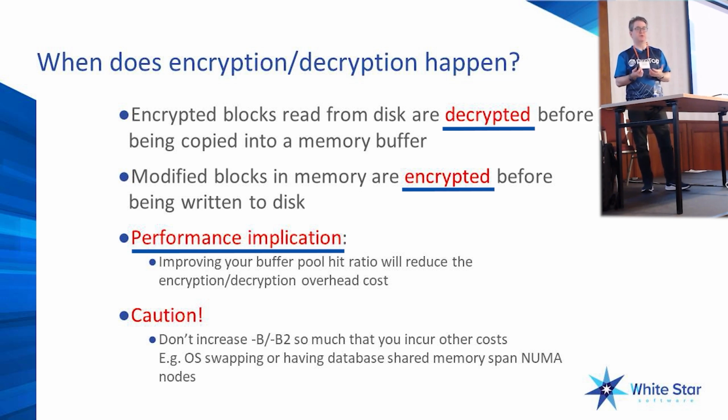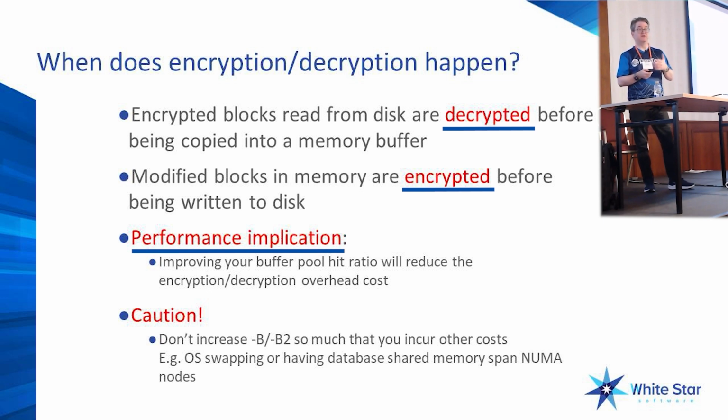Your buffer pool needs to be tuned well, because the performance of your caching will determine how often you're going to pay that extra computational price of doing encryption or decryption. So if you can have more data memory resident and read and write less often, then your performance delta with using TDE will be less.